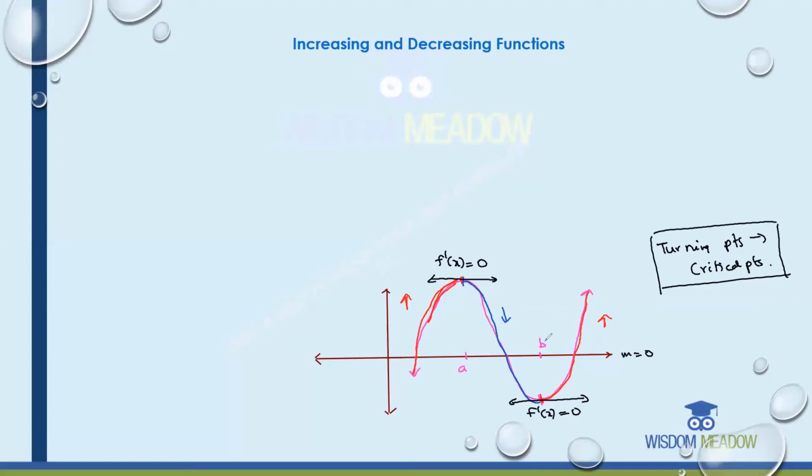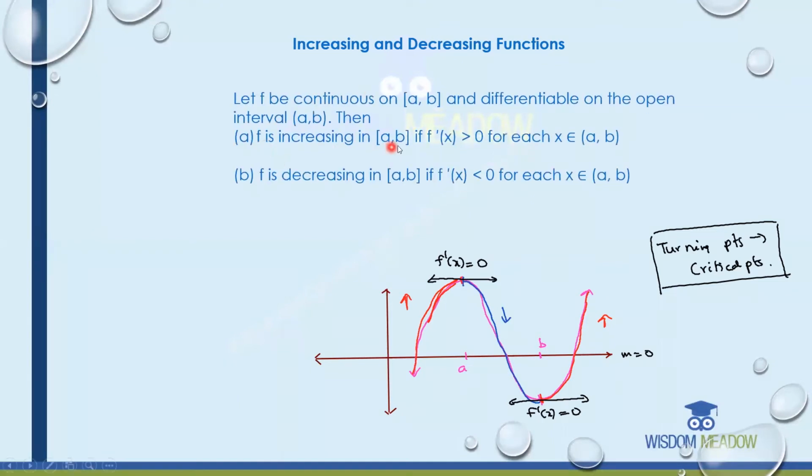Now, after you find the critical points A and B, how to understand whether it's increasing or decreasing, we use this concept. That is, f is increasing in the closed interval AB if f dash of x is greater than 0, and decreasing if f dash of x is less than 0. I'll tell you why.